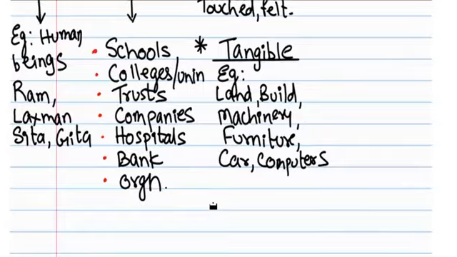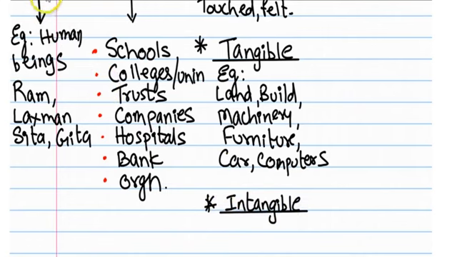And another variety is intangible. Now what are intangible real accounts? Intangible real accounts means which cannot be seen, which cannot be touched, but they are actually there.